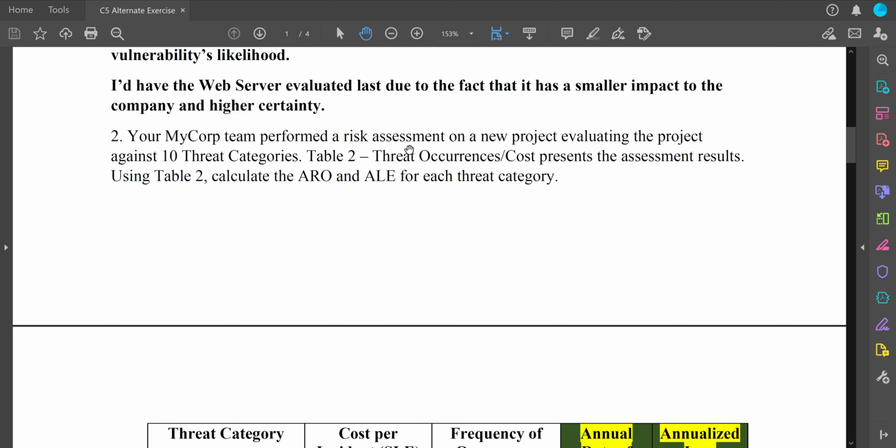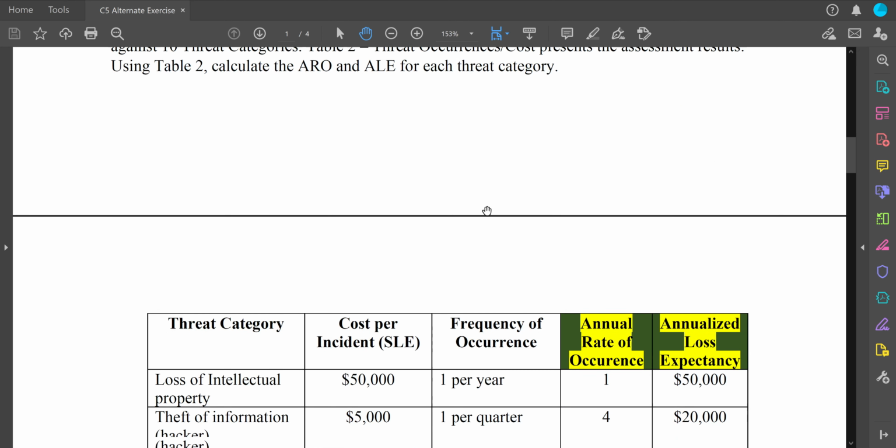Okay, so for the second question, your MyCorp team performed a risk assessment on a new project, evaluating the project against 10 threat categories. Table 2, threat occurrences slash costs, presents the assessment results. Using Table 2, calculate the ARO and ALE for each category.